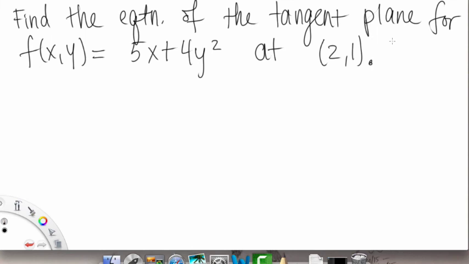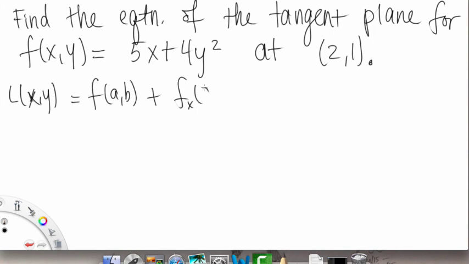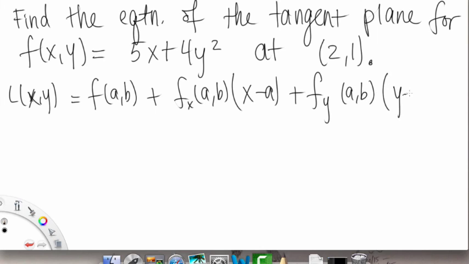First, to write the equation of the tangent plane, let's write the general equation form without anything plugged in. L of x y is equal to f of A B plus f sub x evaluated at A B times x minus a plus f sub y evaluated at A B times y minus b.